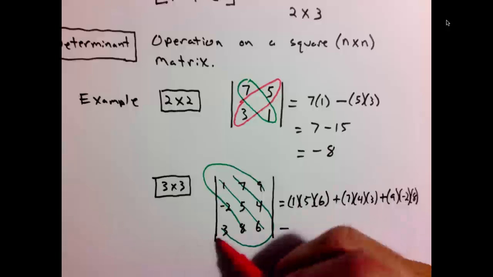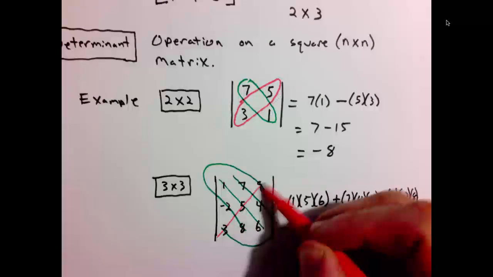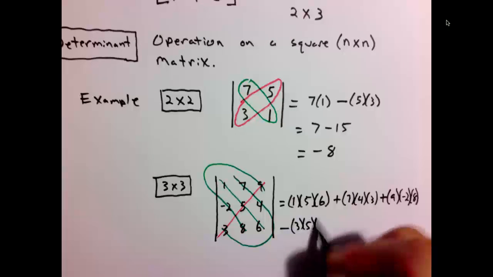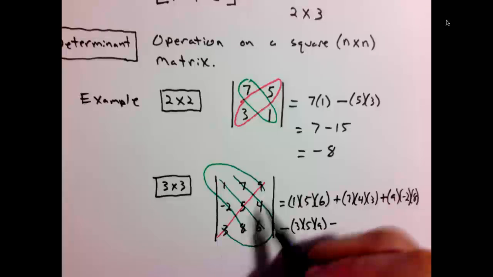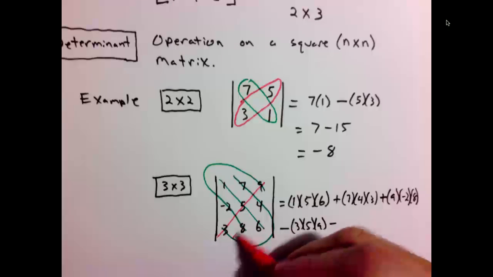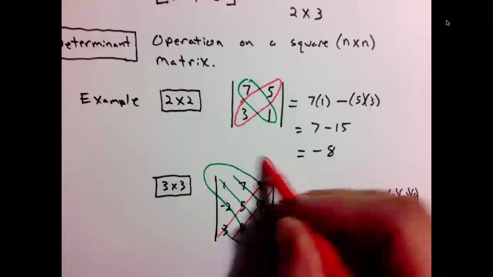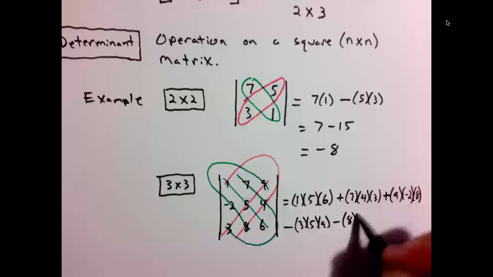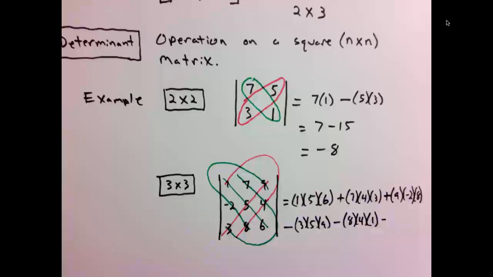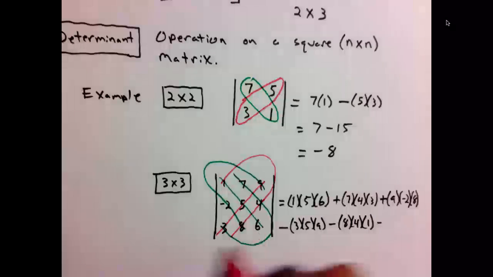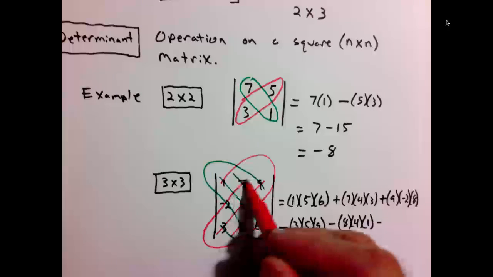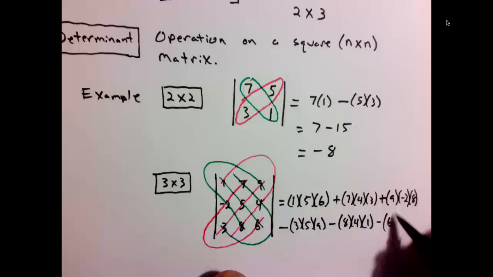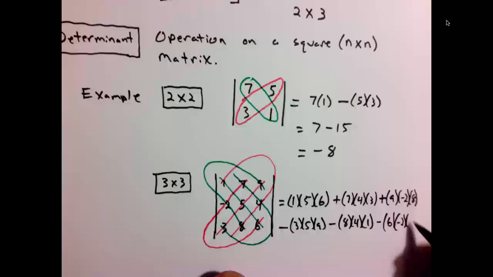So here I go, looking in this direction. 3, 5, 9. 3 times 5 times 9 minus this next one, 8, 4, 1. Then lastly, 6, negative 2, and 7.